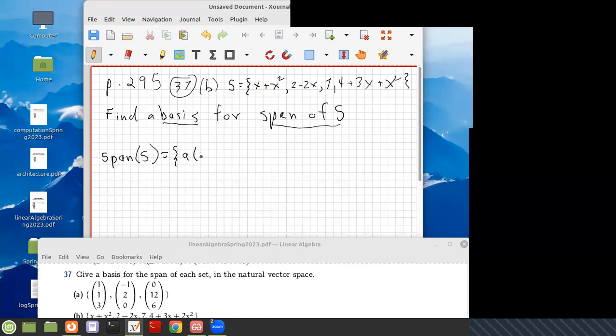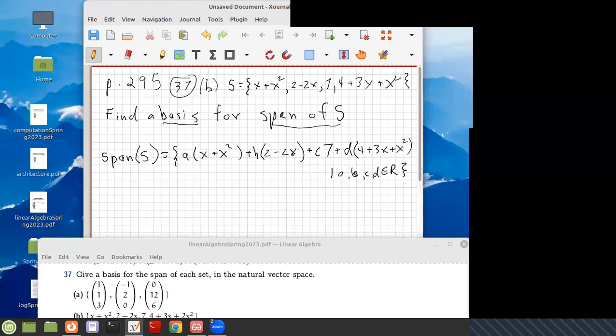So it's A times the first vector, x plus x squared, plus B times the second vector, 2 minus 2x, plus C times the third vector, which is just 7, plus D times the last vector, 4 plus 3x plus x squared, such that A, B, C, and D are any real numbers.